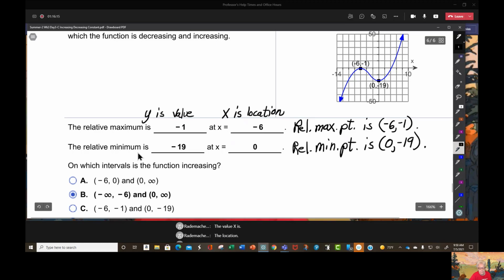Now, the relative minimum is -19, the y value, located at x equals 0. See, this is where the x-axis and the y-axis, whoa, cross. Right here is x equals 0.